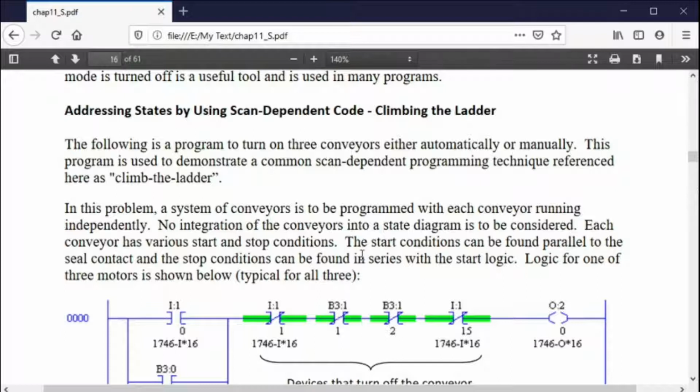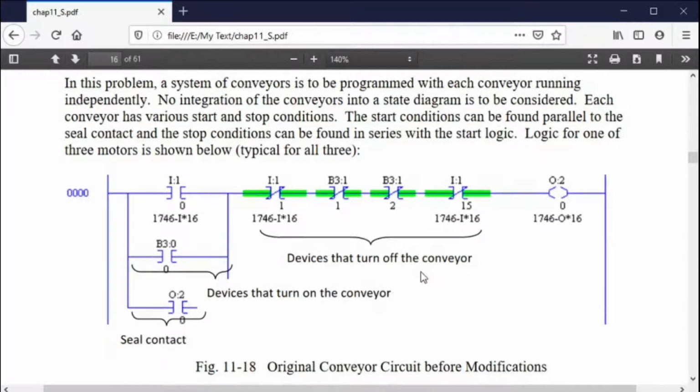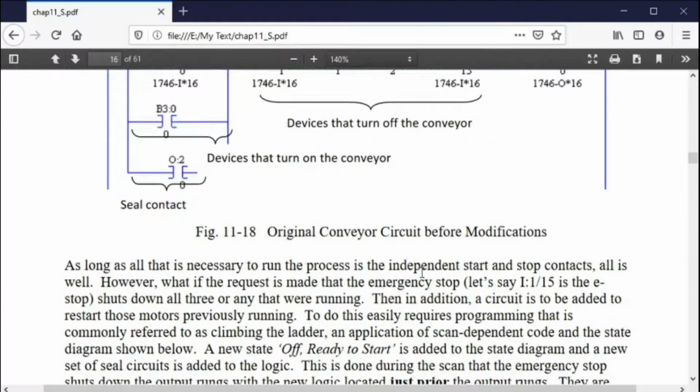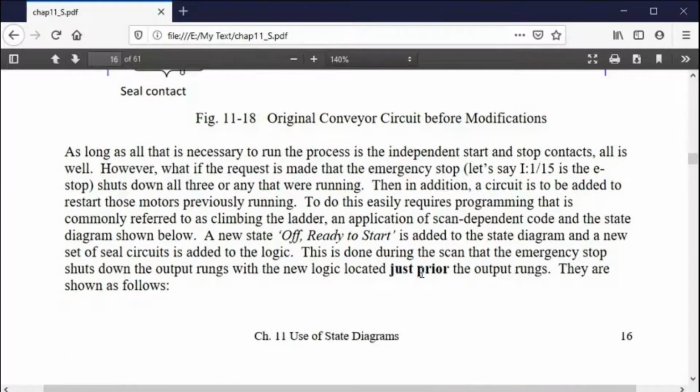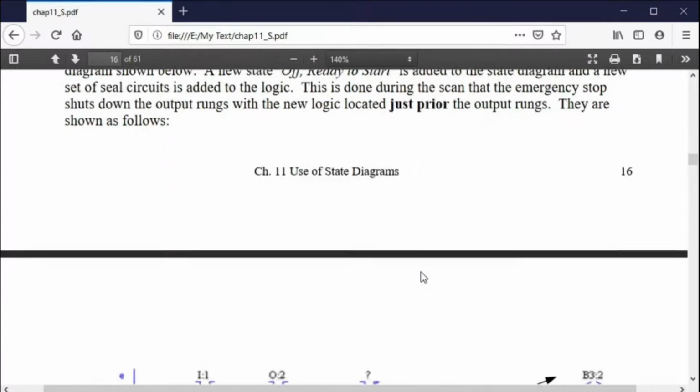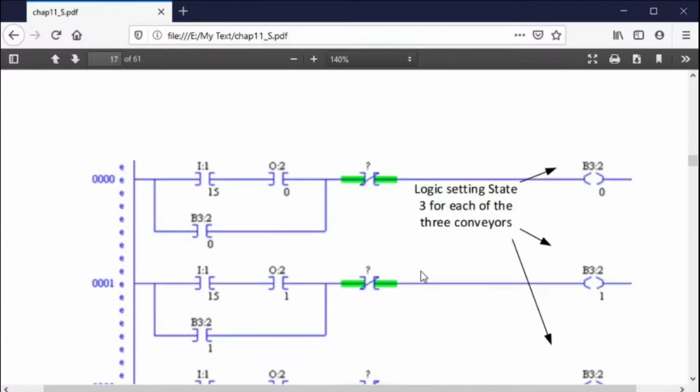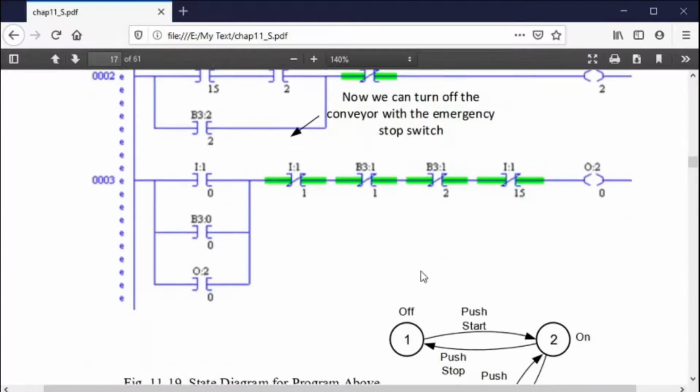And then I also want you to punch one button that says restart the ones that were running when you stopped. So again, you have these states, and you realize, that's a state diagram. It is. But it's also using scan, and this explains just how you can do that and actually create states. I'm going to show you that right here.